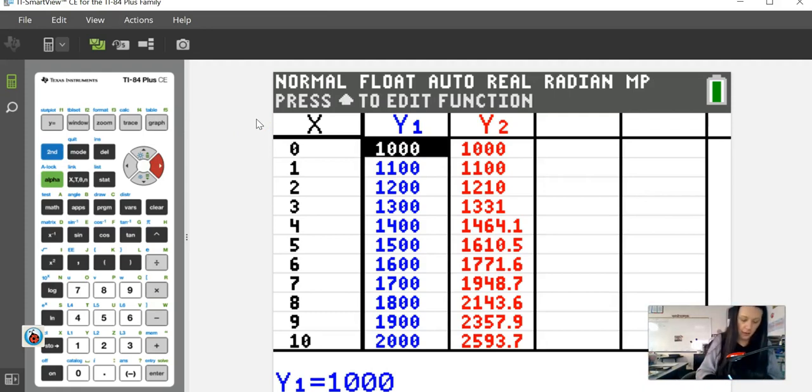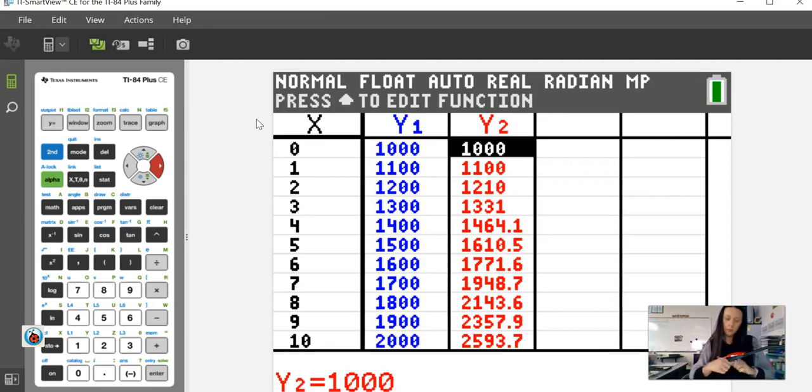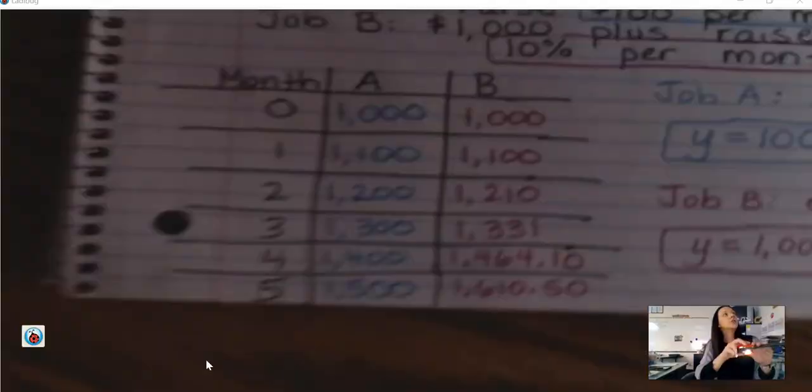So just fill that in on your piece of paper. If you're using Desmos, remember you just go to the right and you can put both of them into your table. Okay, so you have your table of values.